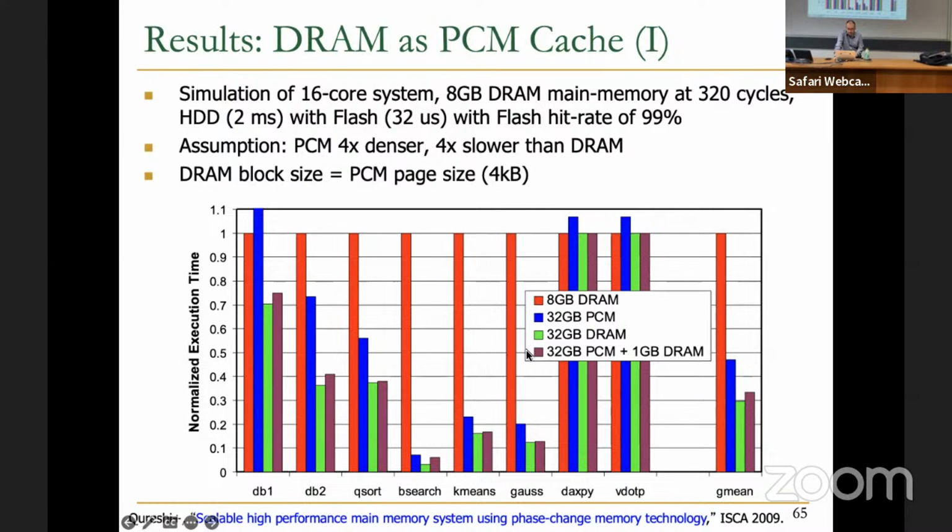But having 32 GB PCM plus 1 GB DRAM as a cache, you can get the performance benefit, and the performance on average is quite close to the 32 GB DRAM baseline. So you can almost get the performance of 32 GB DRAM by using 32 GB PCM plus 1 GB DRAM as a cache, which is good. We wanted that from a hybrid memory system. Clear?